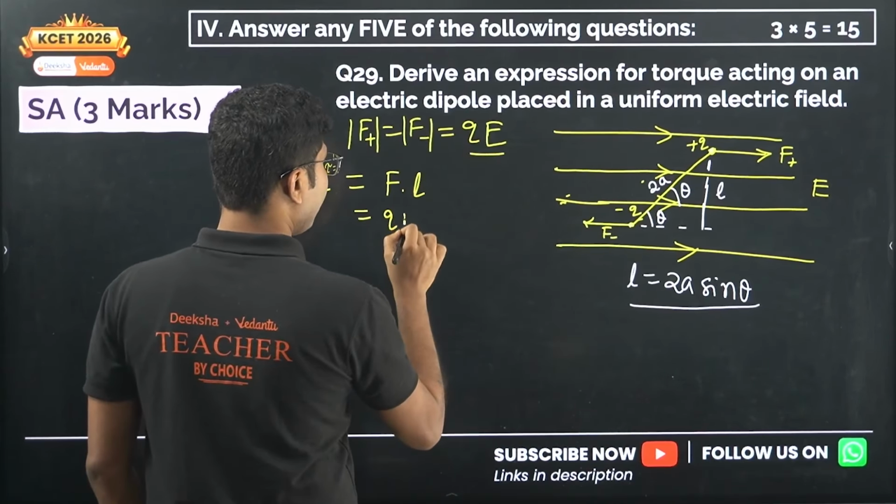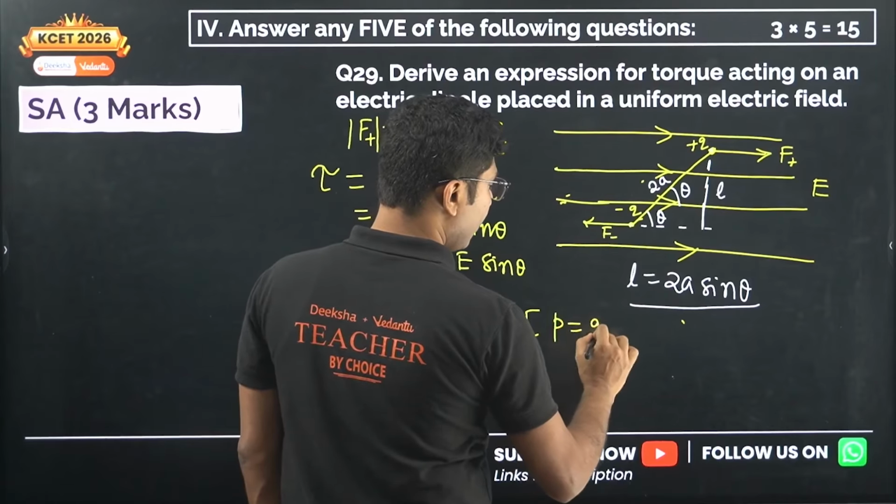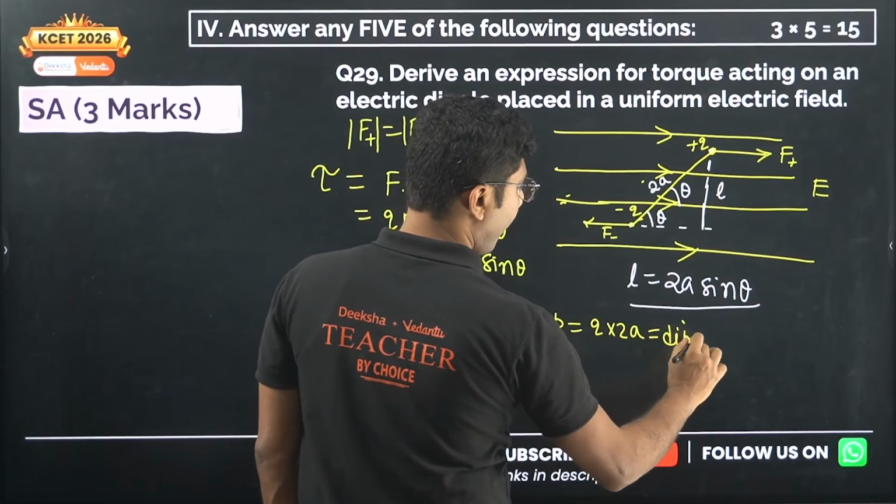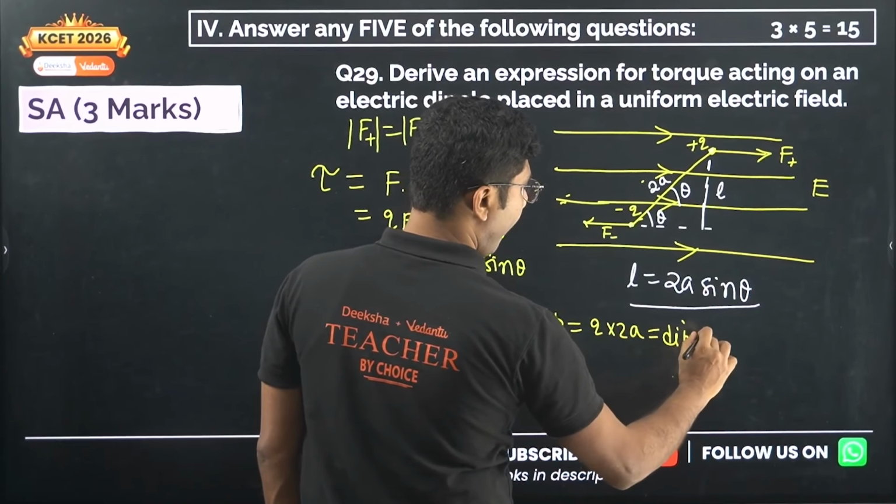So Q into 2a becomes P, the dipole moment. So you have to mention P equals Q into 2a equals dipole moment. Whenever you are introducing a new variable, try to mention its name.